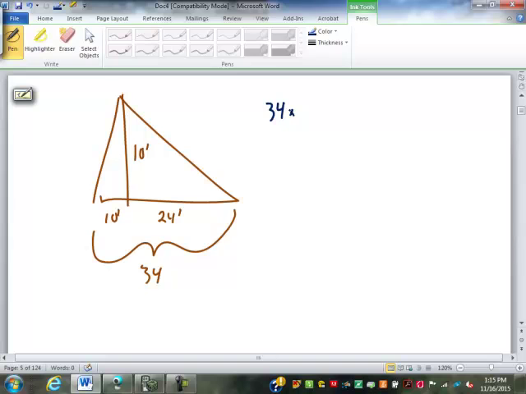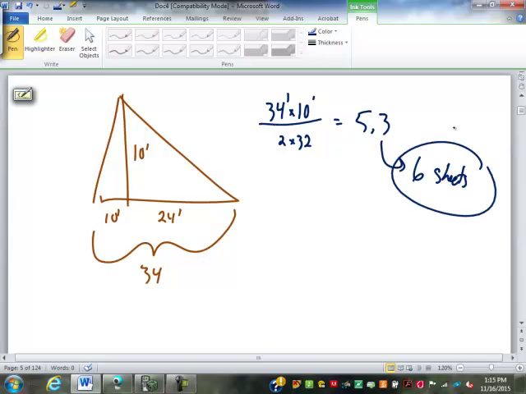It's 34 feet times 10 feet divided by 2 times 32, which is going to give us what? 5.44, something like that? 5.3. So 6 sheets.